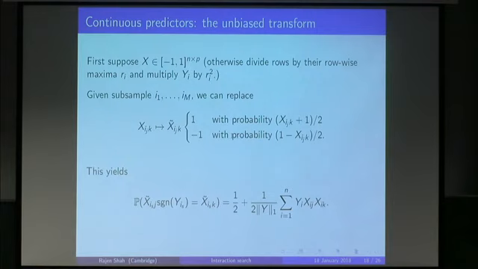Then the problem doesn't change at all, and we've got our X bounded as we need it. Then we can create a randomized transformed version of X, where we set it to 1 with a probability depending on the size of the entries in X, and -1 with 1 minus that probability.